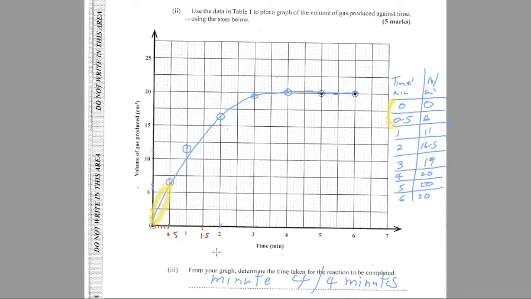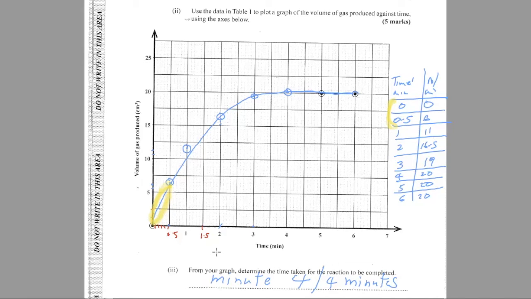We said earlier that the rate of a reaction is the changing amount of substance formed or used up per unit time. Per unit time means we're going to be dividing by time, how long it takes. So moving from 0, we had no gas at 0, but we had 6 cm cube formed after half of a minute.